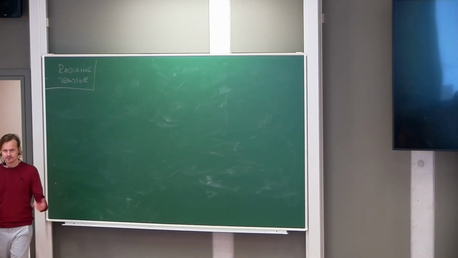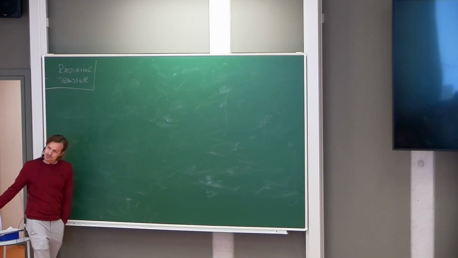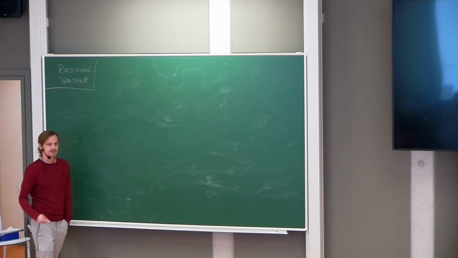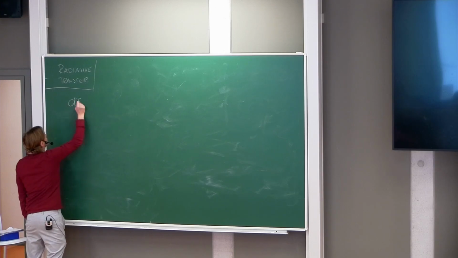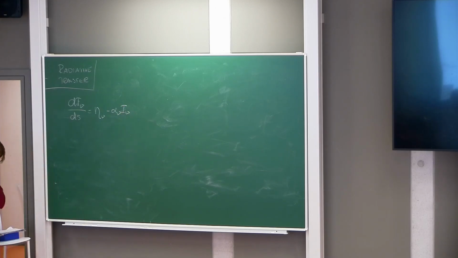Remember, before we started with the black body radiation, we introduced the equation. I remind you, it was dI_nu/ds equals eta_nu minus alpha_nu I_nu, okay?